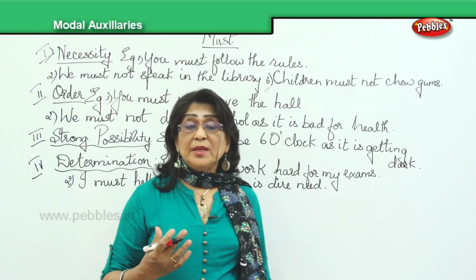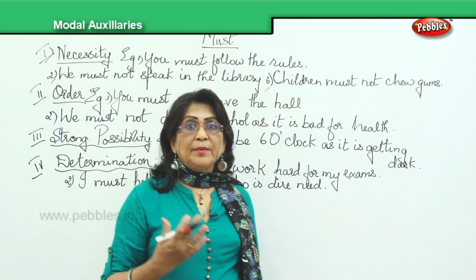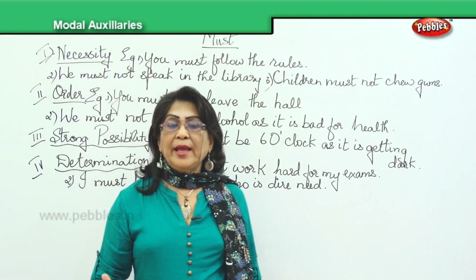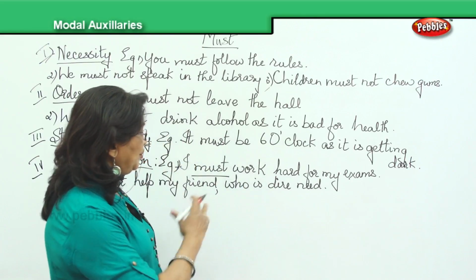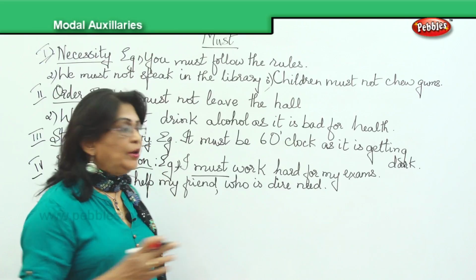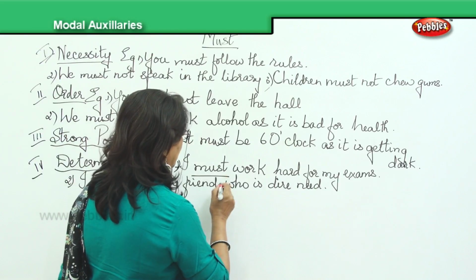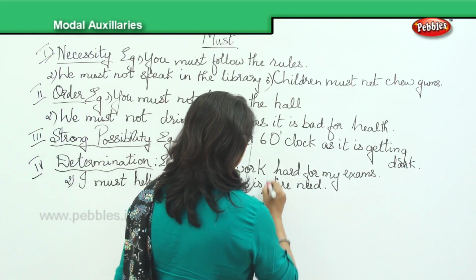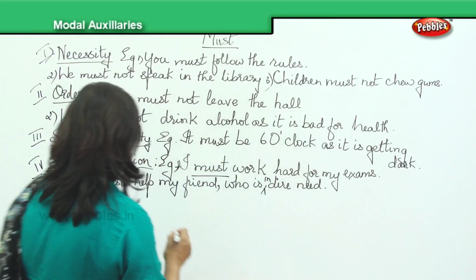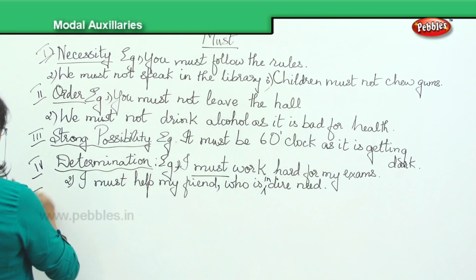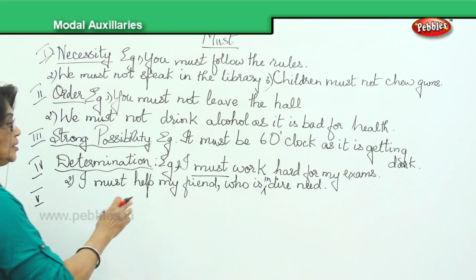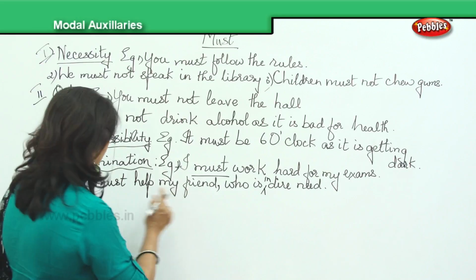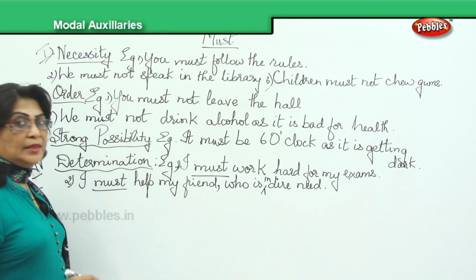A dire need means terribly in need of some help. It may be financial help or some other situational help. So you make up your mind to help your friend. Okay, I must help my friend who is in dire need. Next rule we'll see. So under determination, I must work hard for my exams and I must help my friend in dire need.